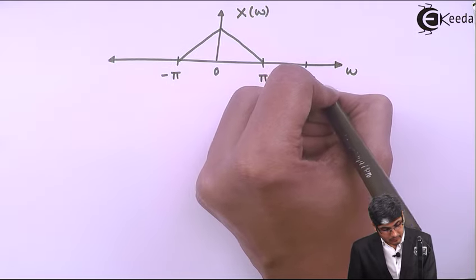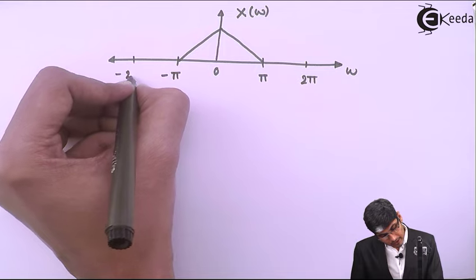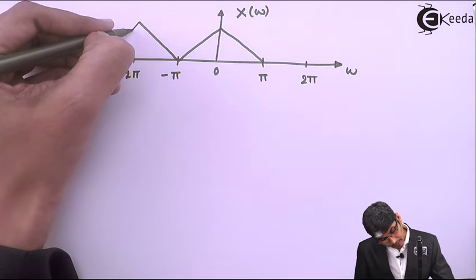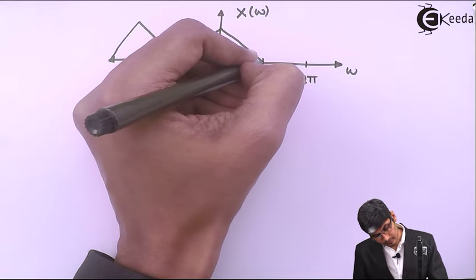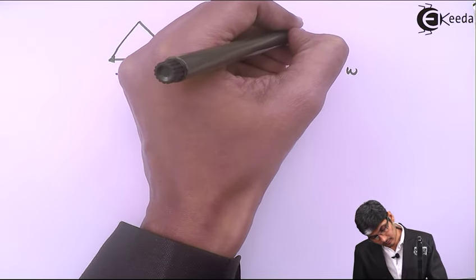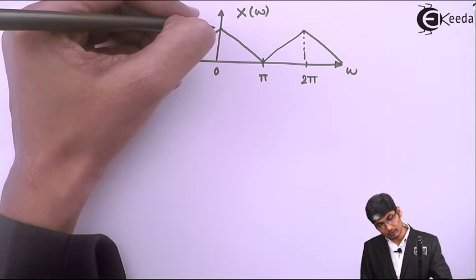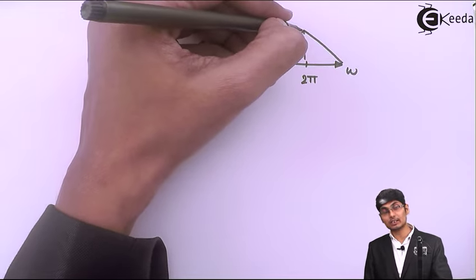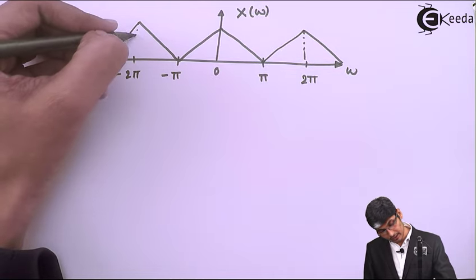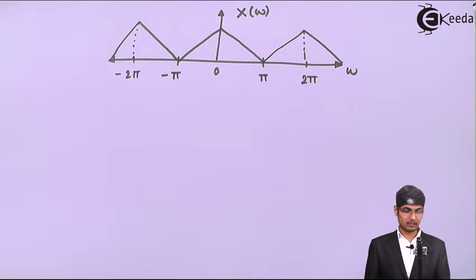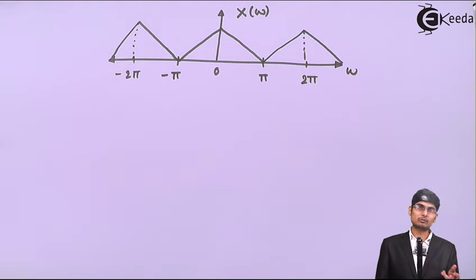At 2 pi and at minus 2 pi, this signal is going to get repeated. Isn't it? Whatever the value is at 0, the same value will repeat at 2 pi, and the same will repeat at minus 2 pi, and so on and so forth. It is going to repeat itself because it is periodic.